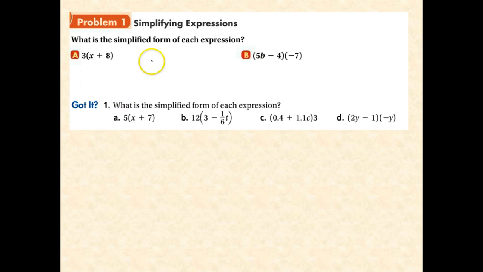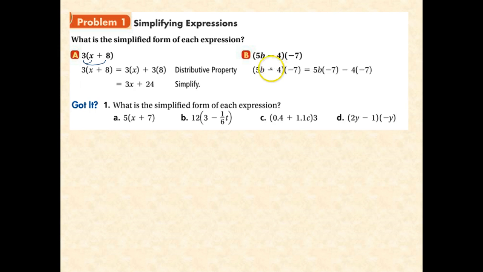Alright, so what's the simplified form of each expression? Well, 3 times x is 3x, plus 3 times 8 is 24. So 3x plus 24. 5b times negative 7, and negative 4 times negative 7.